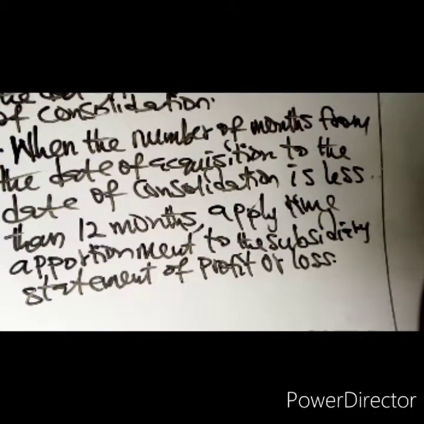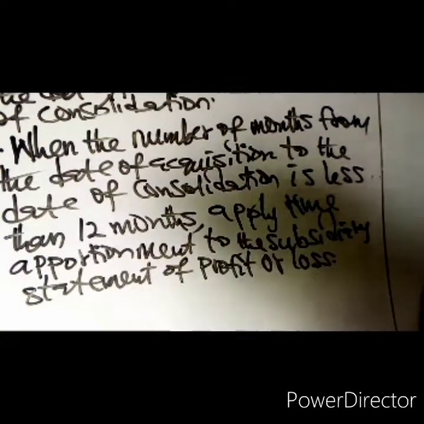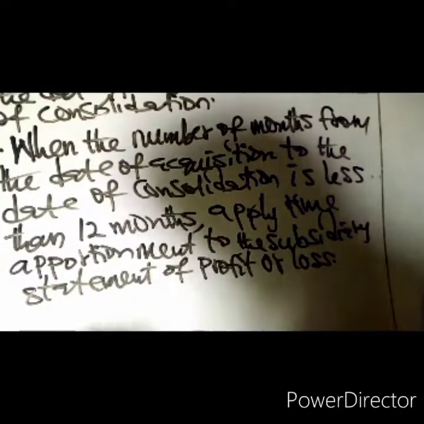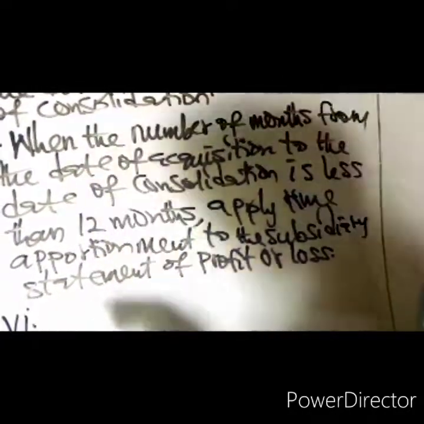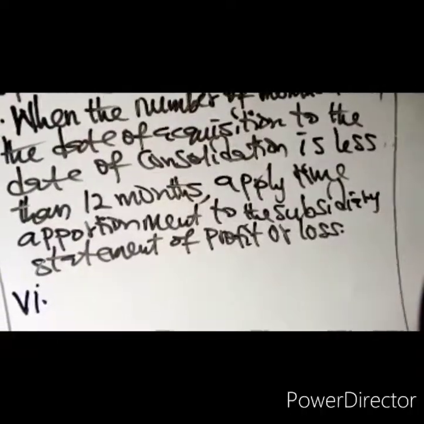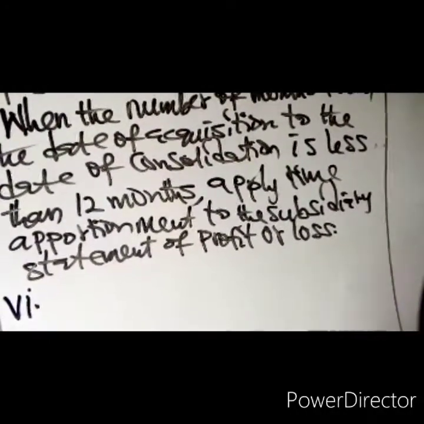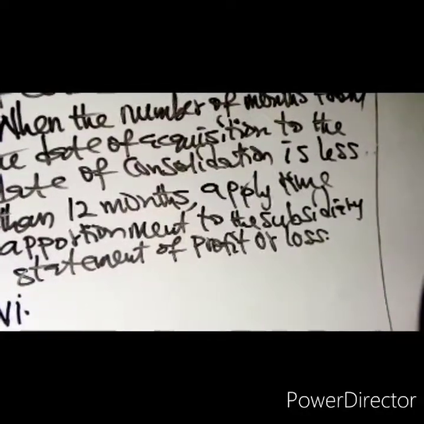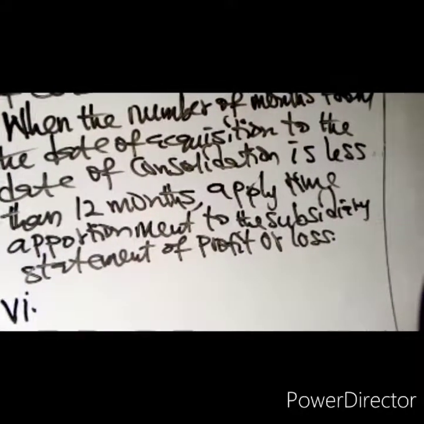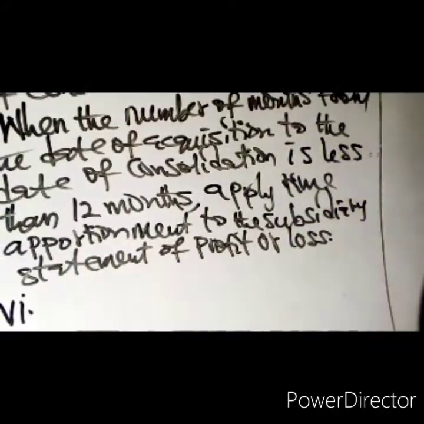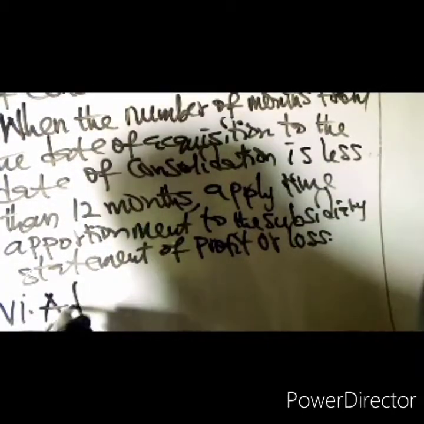Now, step 6, for the purpose of non-controlling interest. I've told you that it is always necessary to calculate the adjusted profit of the subsidiary. This one is necessary for the purpose of NCI.